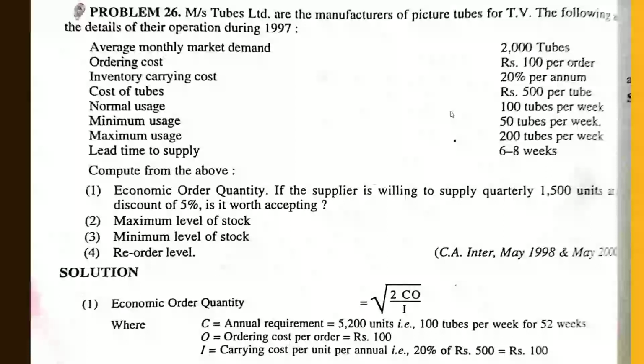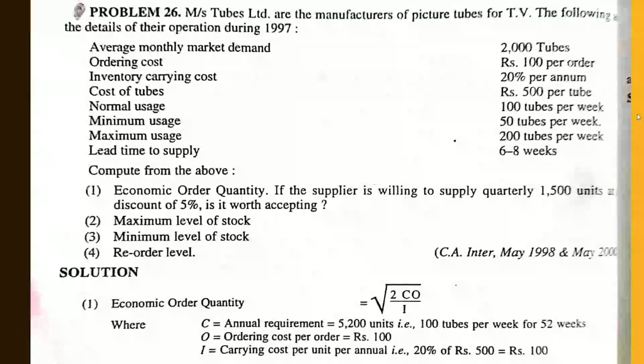The monthly demand is given, but for normal usage, we should consider the usage. It is demand only. So normally the usage is 100 tubes per week. So in a year, 52 into 100, 5,200 units.